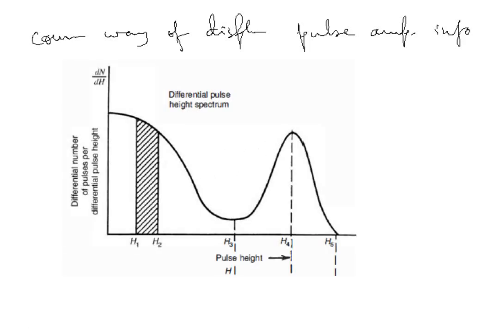Here on your screen you can see the differential pulse height distribution that I was talking about. What you are seeing is a hypothetical distribution. The abscissa is a linear pulse amplitude scale that runs from 0 to larger values than the amplitude of any pulse observed from the source.